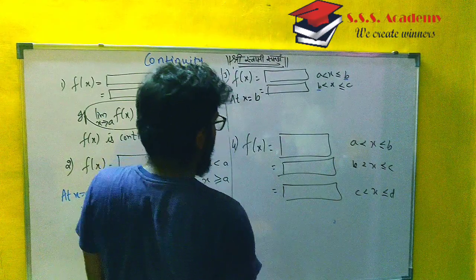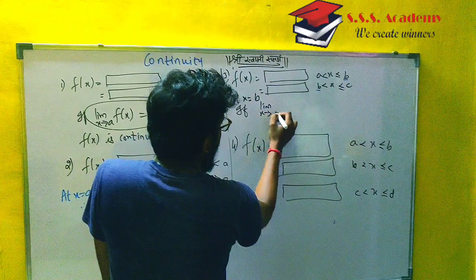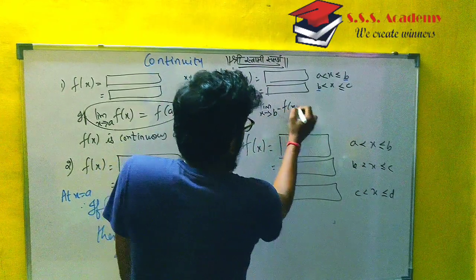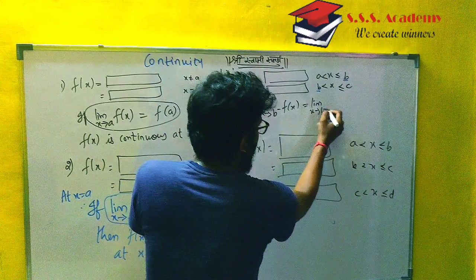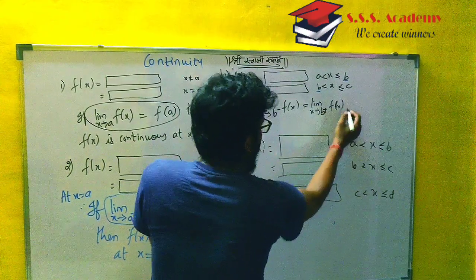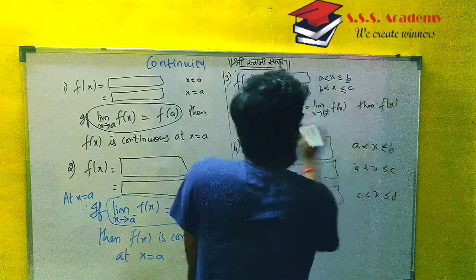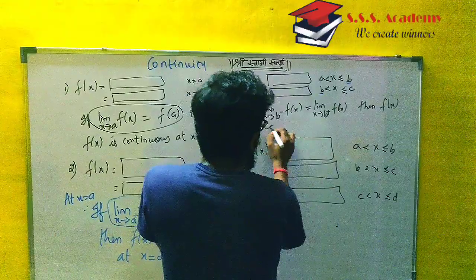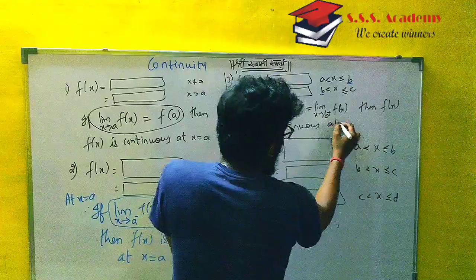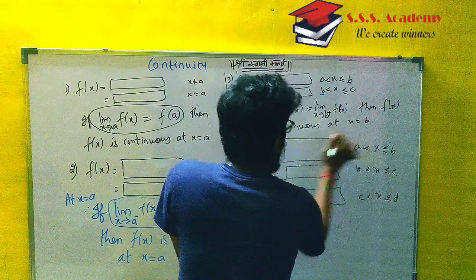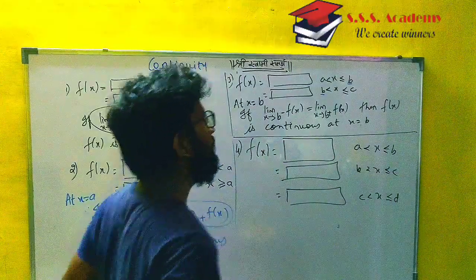So at what point are we going to discuss? At point b. Same condition: since an inequality is there, if limit x tends to b minus f of x equals limit x tends to b plus f of x, then we'll say that the function is continuous at x equals b.